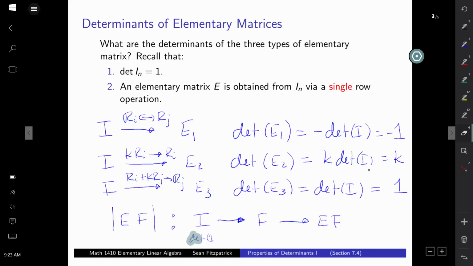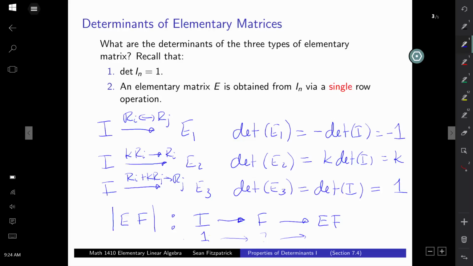Let's just write the determinants along the bottom, right? So determinant of 1, and then that's going to go to, well, depending on the type of row operation used to create F, it could be minus 1, it could be the same, it could be K, right? And so then we figure out which one it is there. Now we do the other row operation, right, to get down to E times F.